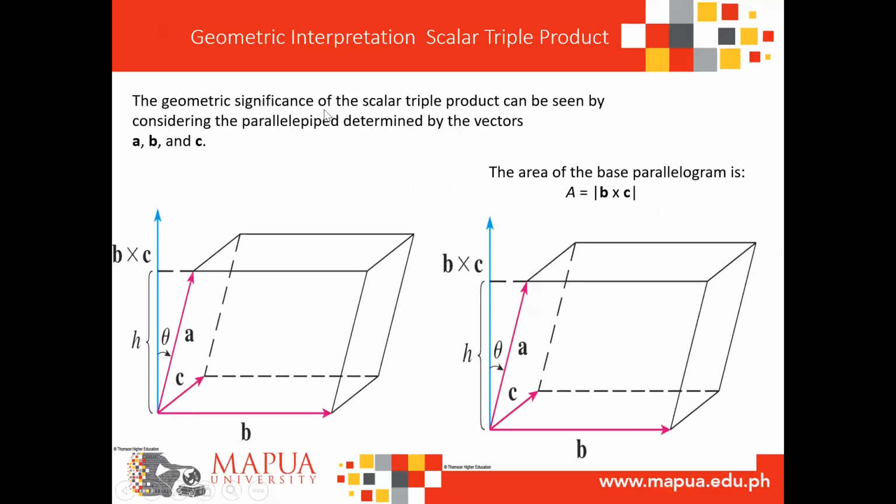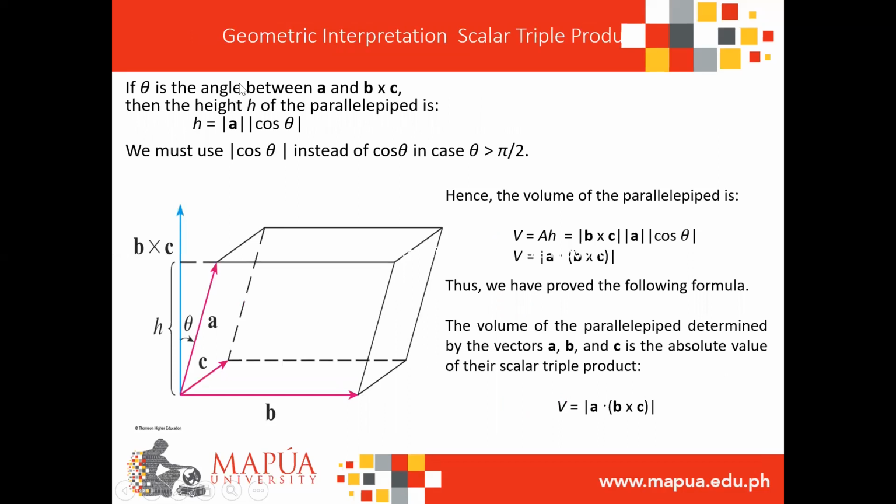So the geometric significance of the scalar triple product can be seen by considering the parallelepiped determined by the vectors A, B, and C. Since we have known a while ago that the area of the base of the parallelogram is equal to the magnitude of B cross C, its height can now be found using the cross product of the two vectors B cross C. If angle theta is the angle between A and B cross C, then the height h of the parallelepiped is equal to the magnitude of A times the absolute value of cosine theta.